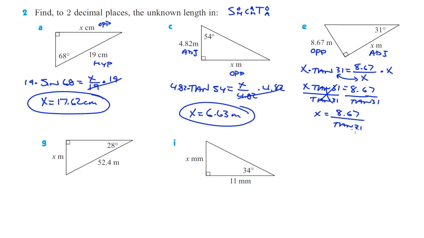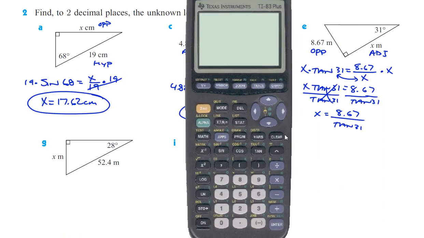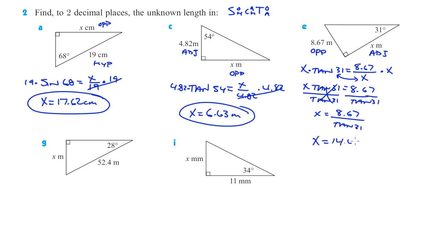So x equals 8.67 over tan 31. Let's get the calculator back out. 8.67 divided by tangent of 31 gives 14.43, and that's meters.